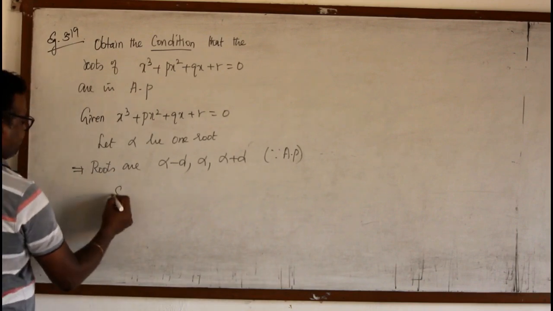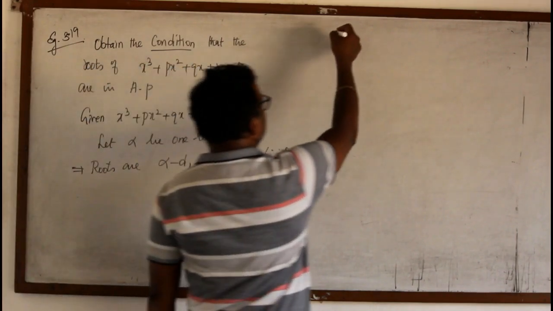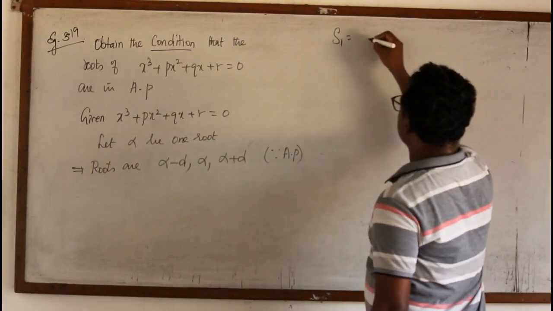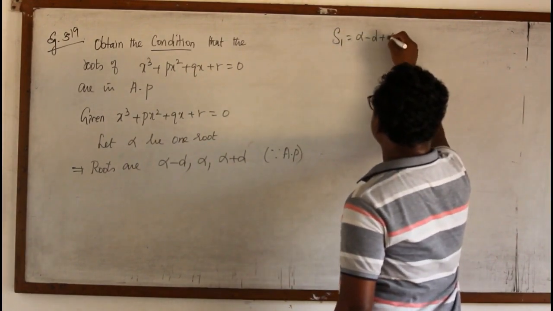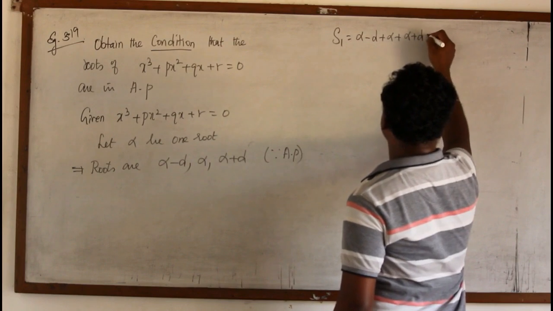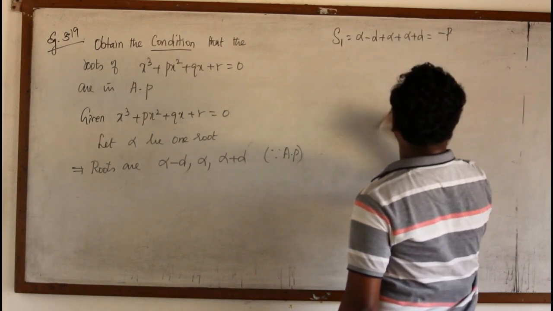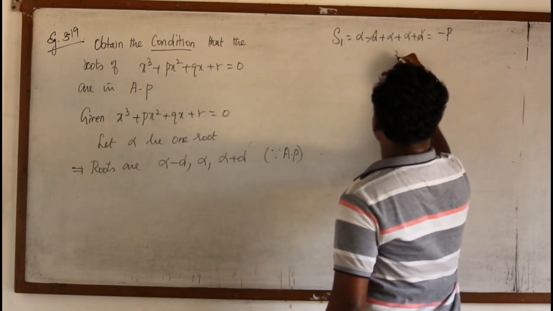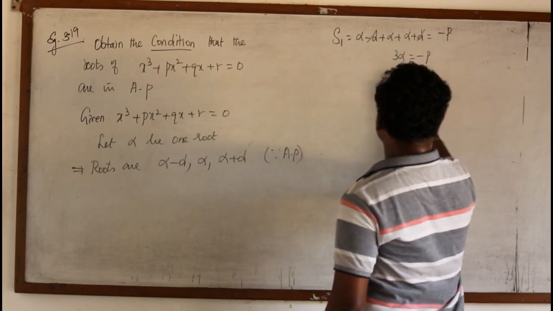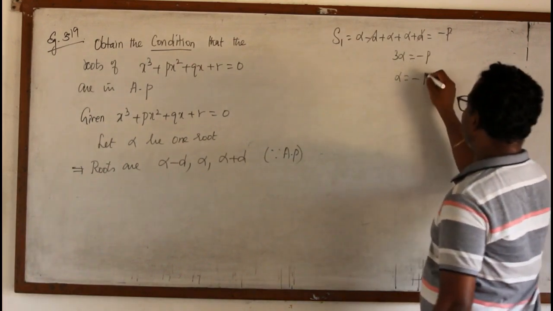Therefore, sum of the roots S1 equal to alpha minus d plus alpha plus alpha plus d, it is minus p. D cancels, 3 alpha equal to minus p. So I am having the value alpha as minus p by 3.